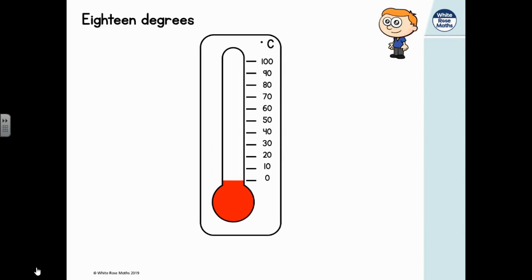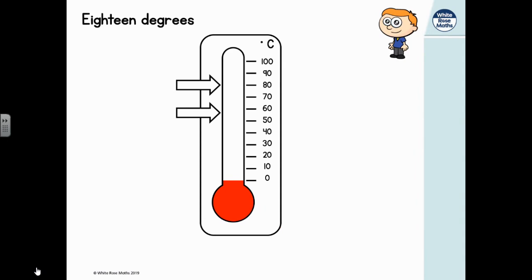The temperature of the room that Ron is in is 18 degrees. Ron is asked to put an arrow on the thermometer to show where the red line will get to as it reaches room temperature. Ron thinks, 18 degrees, there it is. But he's not 100% sure that's right, so he puts another arrow about there.